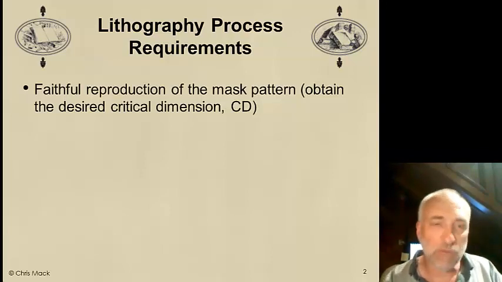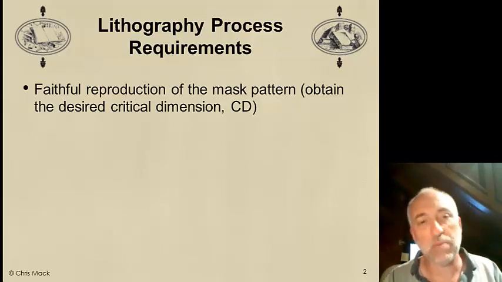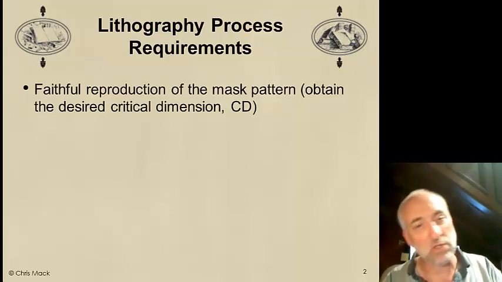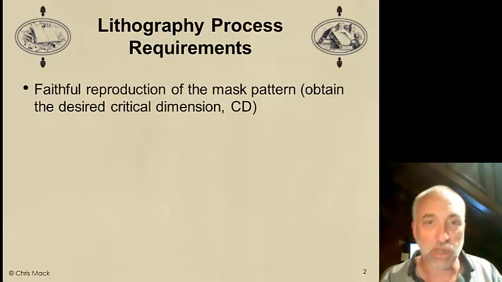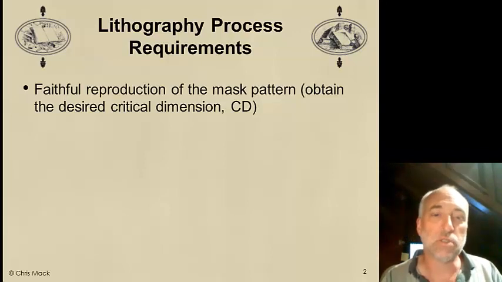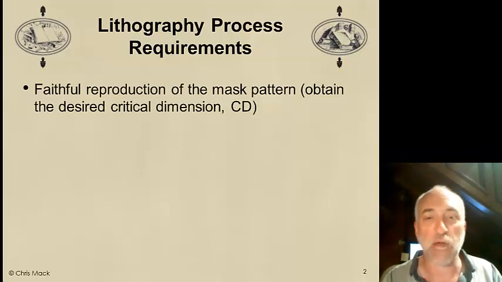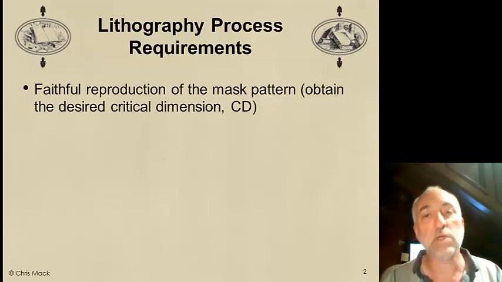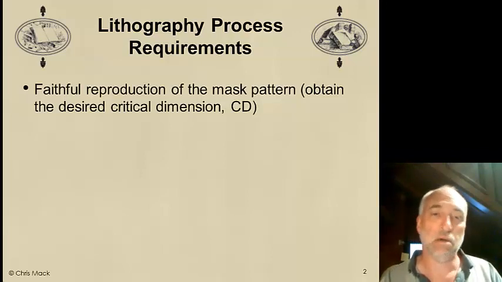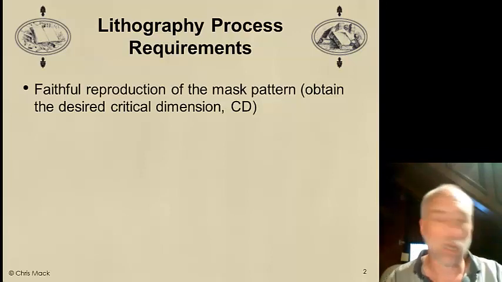That means quite a few different things, but most importantly it means getting the right dimensions of the features that we're trying to print. The dimensions of importance we call the critical dimensions. Nowadays there's virtually nothing that's not important, but nonetheless we tend to call the dimensions that we might measure or keep track of the critical dimensions, and we use the abbreviation CD very universally in the world of lithography. We talk about the CD.